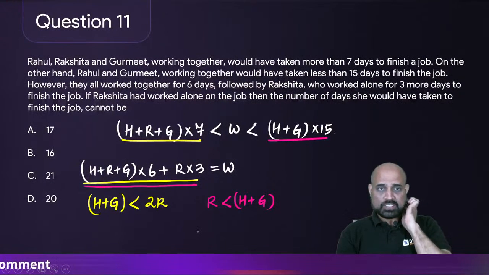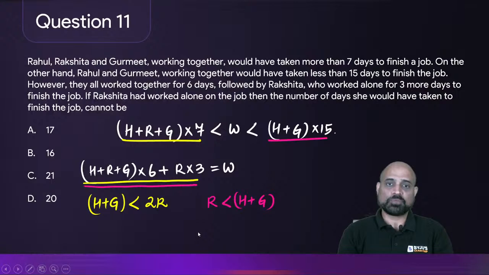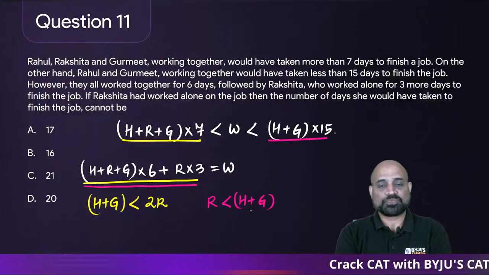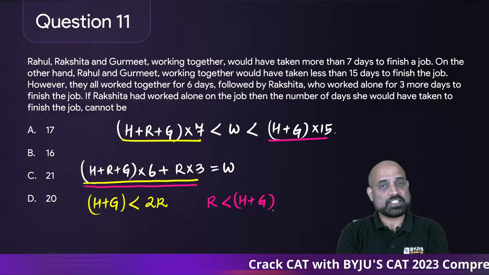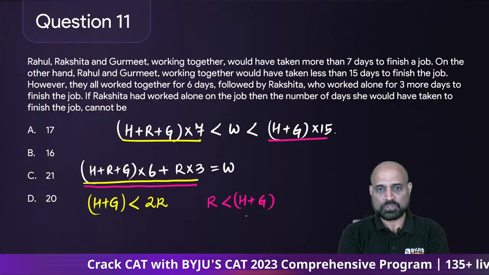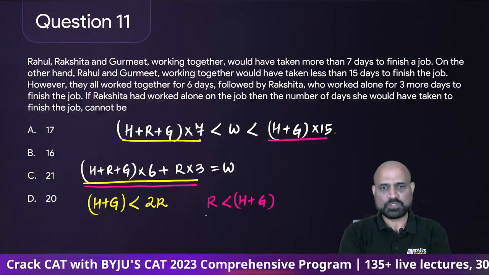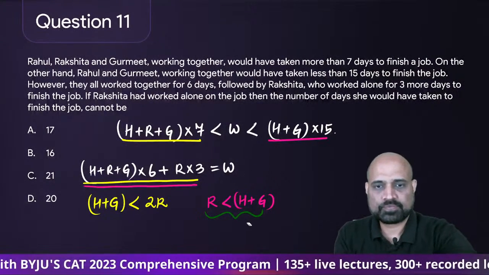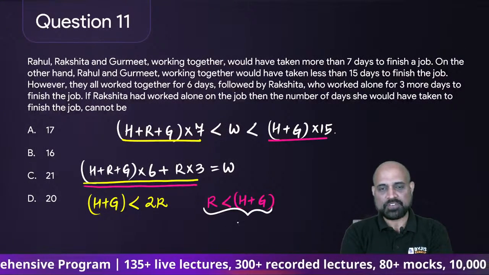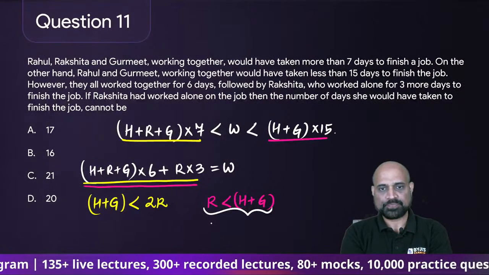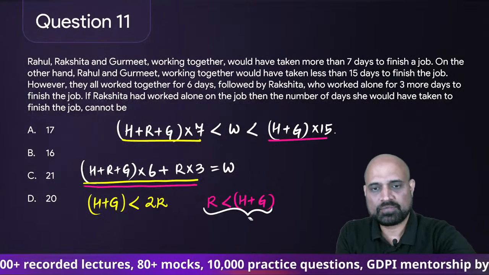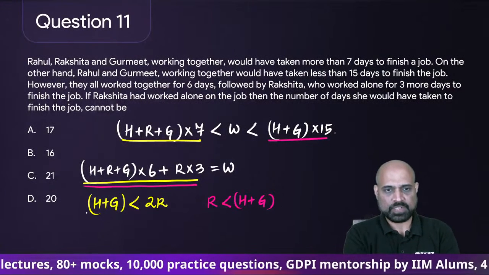Okay, now the question is, if Rakshita had worked alone on the job, then the number of days she would have taken to finish the job cannot be. So, can we say H plus G is greater than R? Let's use this. If I use this, I will add R here, first let's do it here.